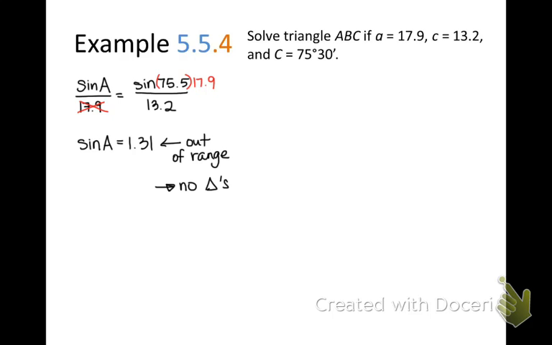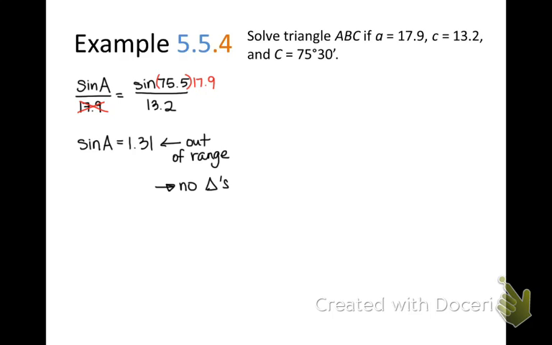Are there any questions about why we can't find a triangle here? Okay, so that's going to work out pretty naturally for you. If no triangles exist, you're going to find it right away in this step because you're going to get a sine value that's bigger than 1. Can you have a sine value exactly equal to 1?